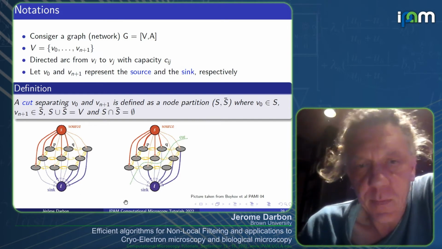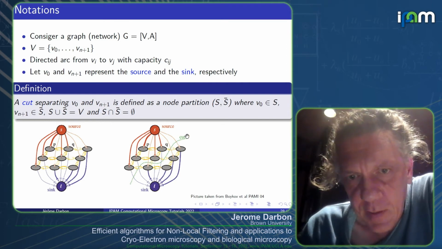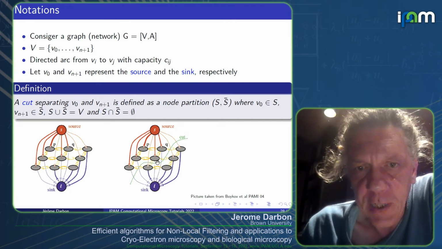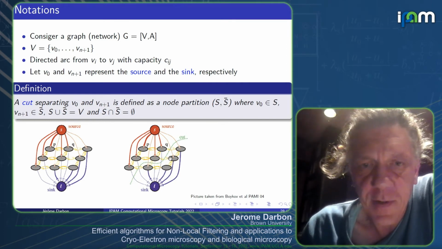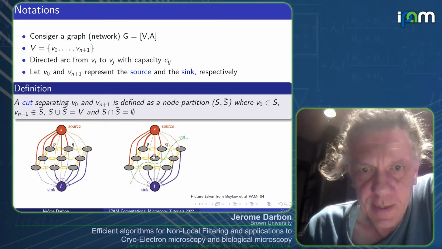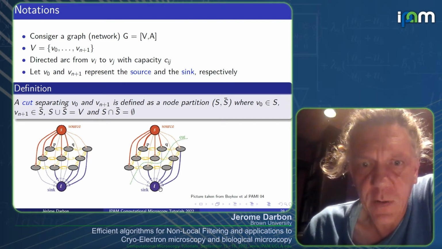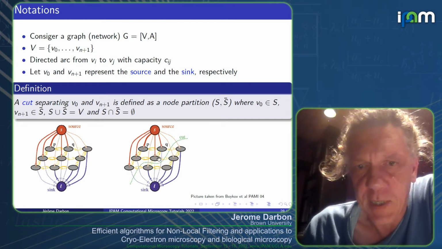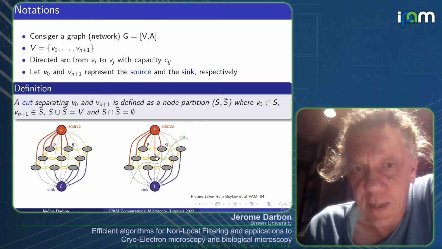What I'm looking for is a cut. A cut means that I'm going to remove edges so that one node, let's say that node in the middle in gray, is connected only to the source or only to the sink. So here, in that cut, that node is connected to the source.